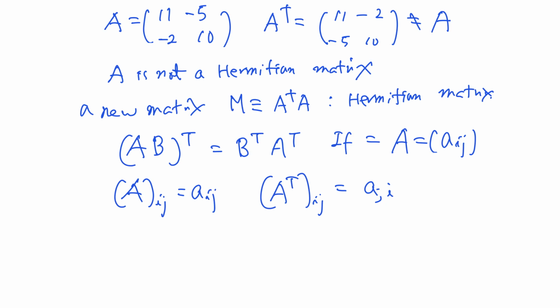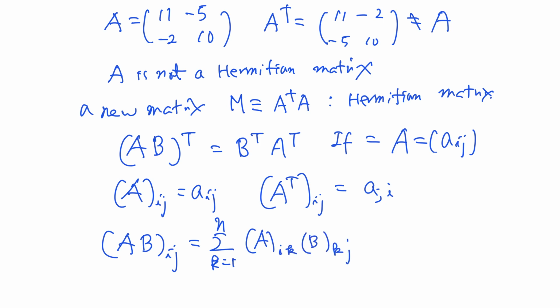You just change the element, row and column. AB, ij element is simply the sum over k equals 1 to n, A ik, B kj, right? That's the definition of the matrix product.